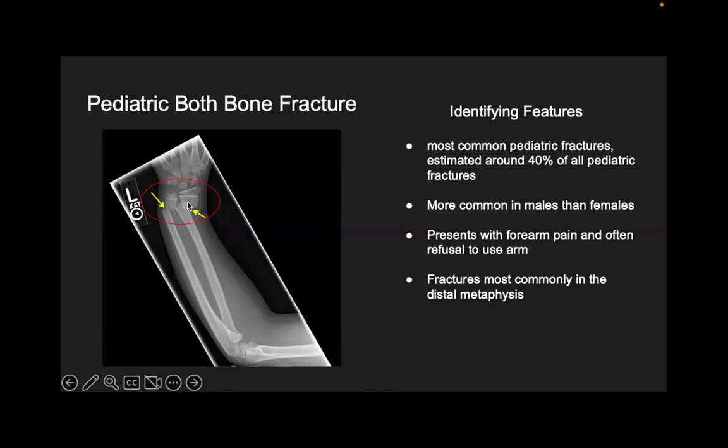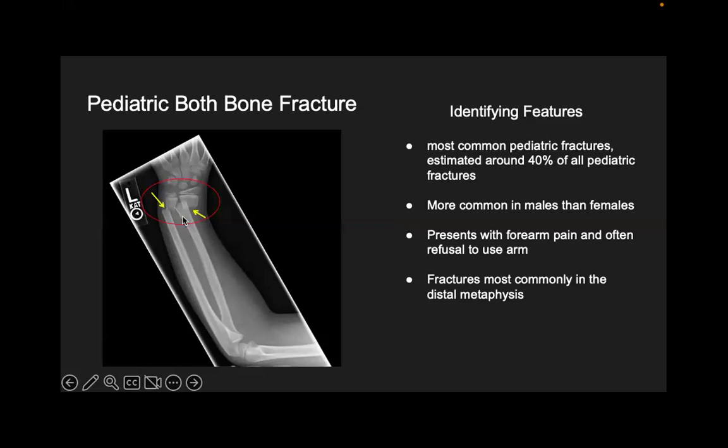So your growth plate over here, that's your physis. Your epiphysis is going to be the part distal to it. The metaphysis is the widening of the shaft as it approaches your physis. Everyone understand that? So a pediatric both bone fracture will most commonly occur at the distal metaphysis, as you can see here, the widening portion where your shaft extends towards your growth plate.